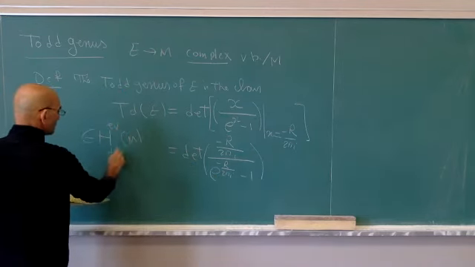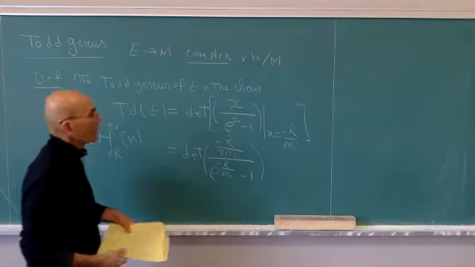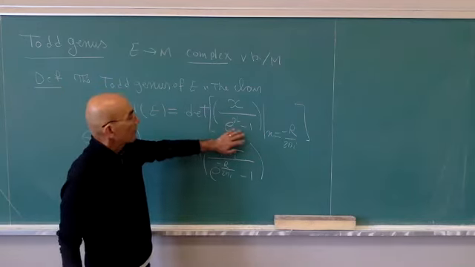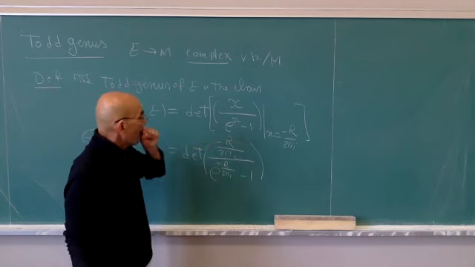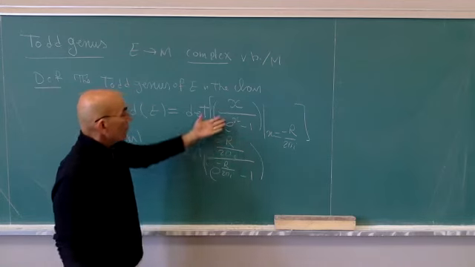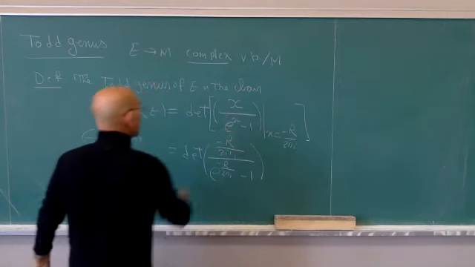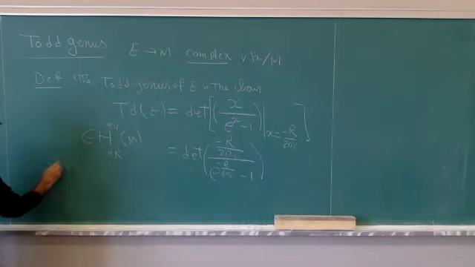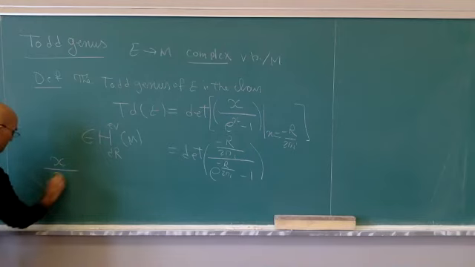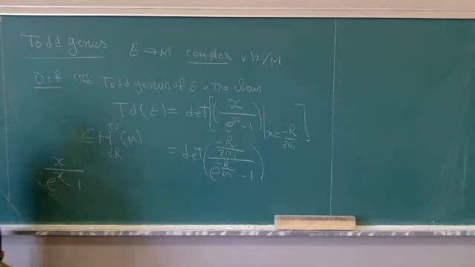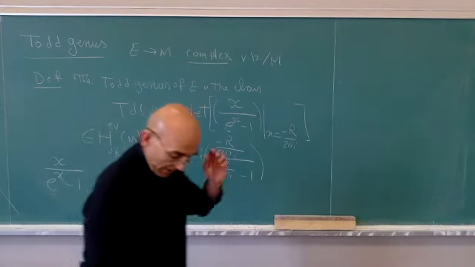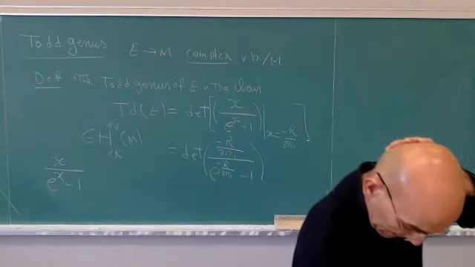So let's try to unpack this formula and see what it means. Let's look at x over e to the x minus 1. What kind of power series is this?